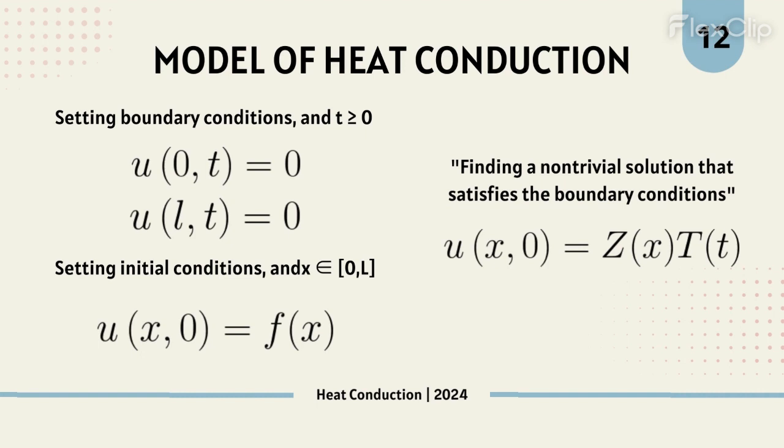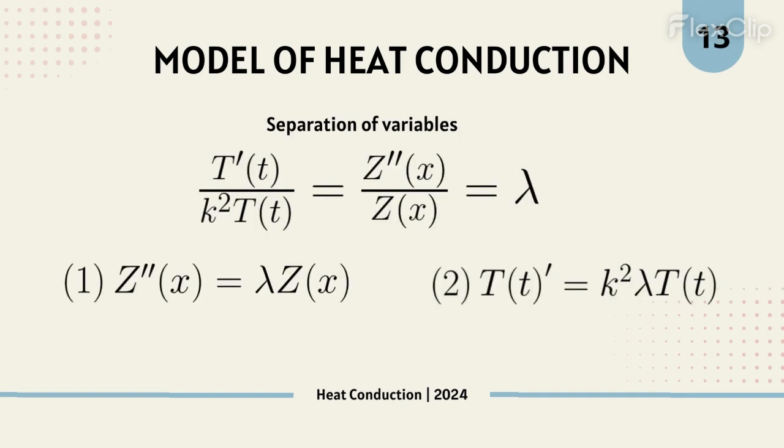And next, I will introduce the method of separation of variables to solve the equation. We use the separation of variables method to split the original equation like this, and this results in ordinary differential equations.